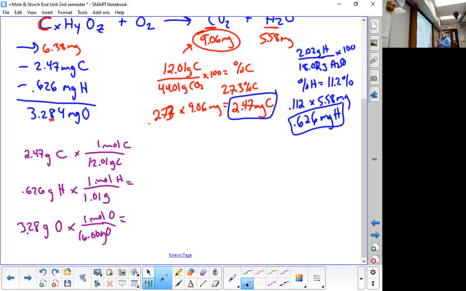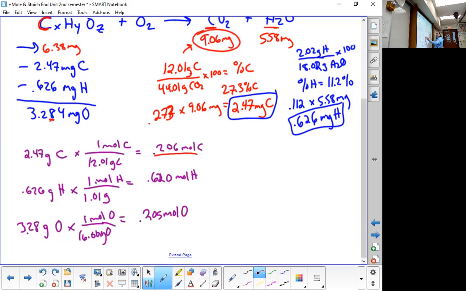And we get 0.206 moles of carbon, 0.6210 moles of hydrogen, 0.205 moles of oxygen.